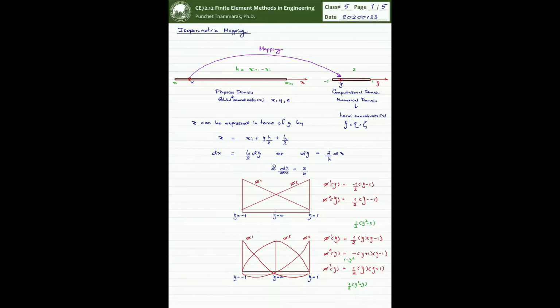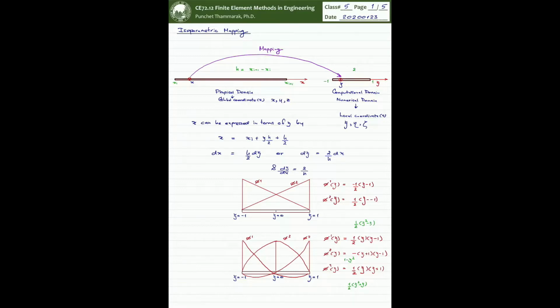The thing is that integration is not friendly for computer programming. You can do this in MathCAD, you can do this in MATLAB, but the integration procedure just takes too much time, very time consuming, and that's going to slow down your computational procedures.